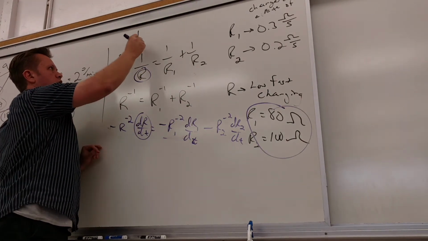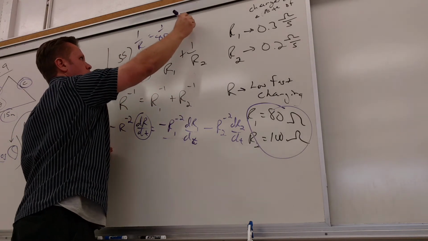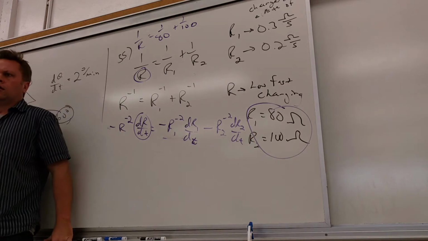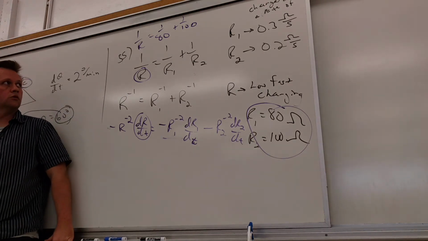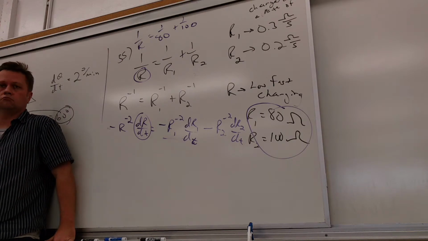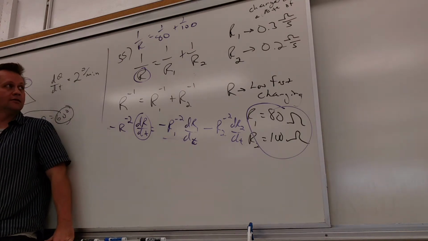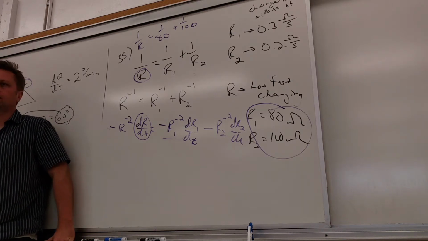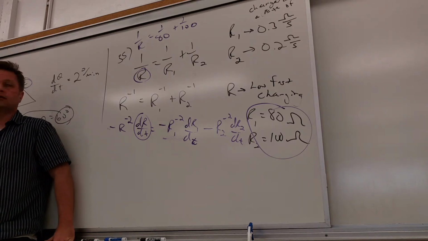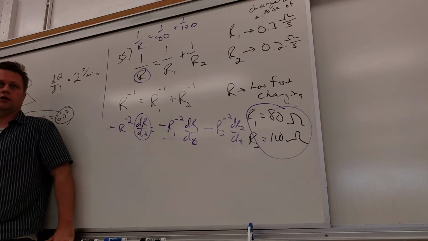Plug it in. So I got 1 over R equals 1 over 80 plus 1 over 100. You get something? Somebody got that? 8,000 over 180. Okay, sure.